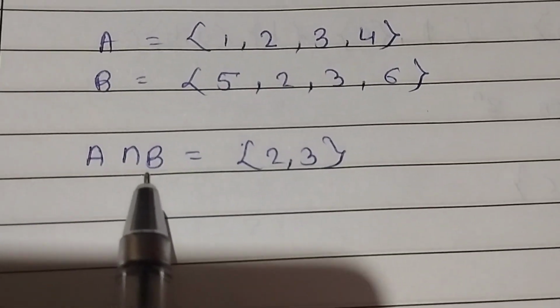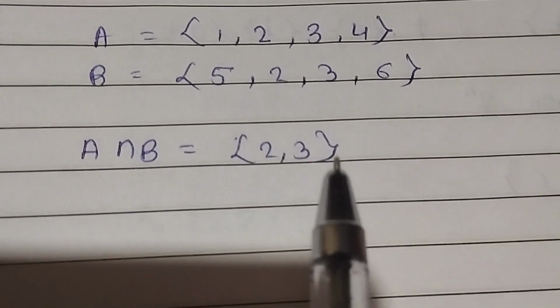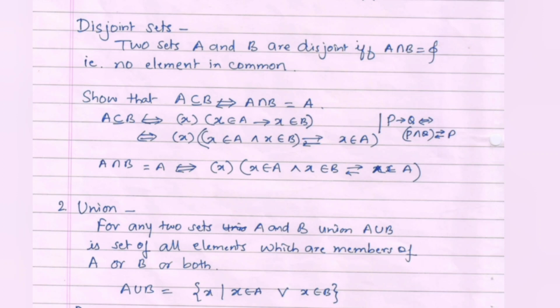So A intersection B is 2 and 3. Now second is disjunction. Two sets A and B are disjoint if A intersection B is equal to the empty set, meaning no single element is common. Always A intersection B is empty.